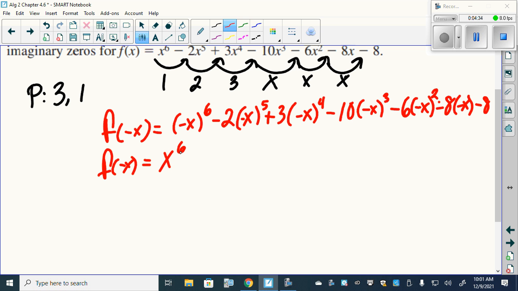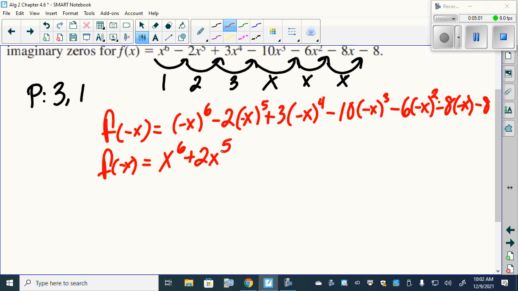Our next term is negative 2 times negative x to the 5th, so this would be plus 2x to the 5th. So really, anytime we have an even power, the sign is going to stay the same, and anytime we have an odd power, the sign is going to flip.